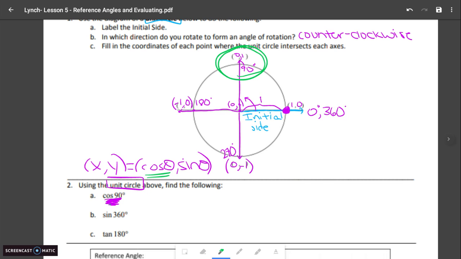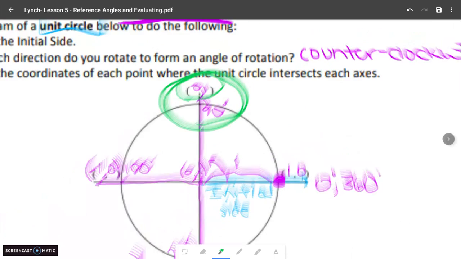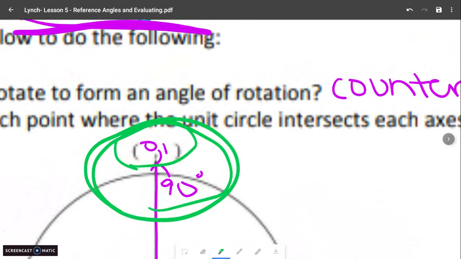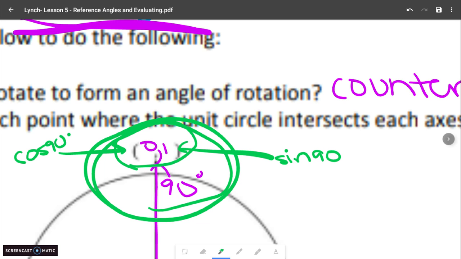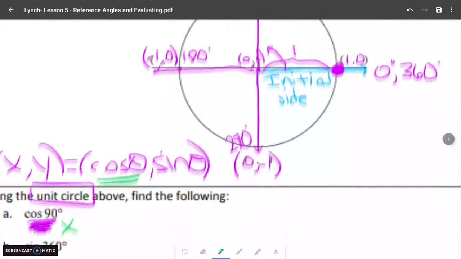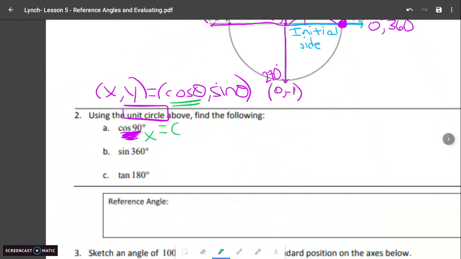Cosine is the x coordinate. So up at the top at the 90, that point that is up there is the point 0, 1. So the x is the cosine of 90, and the y there would be the sine of 90. So since I want cosine of 90, I should get 0 as an answer.